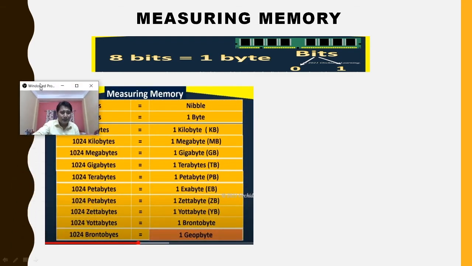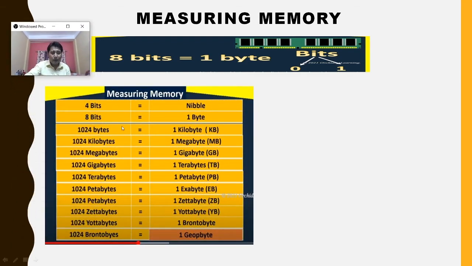You can see here in this figure some of the measuring units: 8 bits is equal to 1 byte, 1024 bytes is equal to 1 kilobyte, 1024 kilobytes is equal to 1 megabyte, 1024 megabytes is equal to 1 gigabyte, followed by terabyte, petabyte, exabyte, zettabyte.